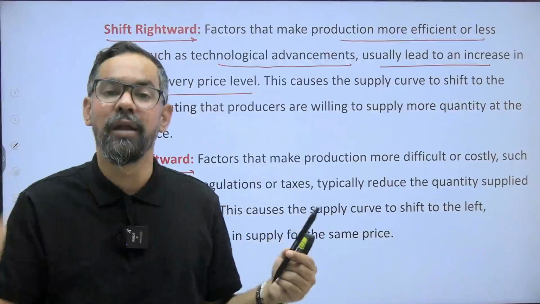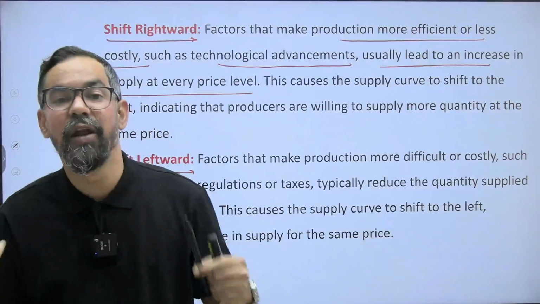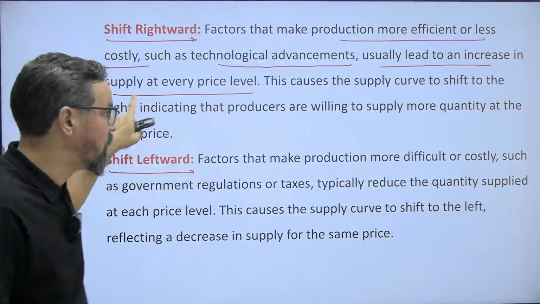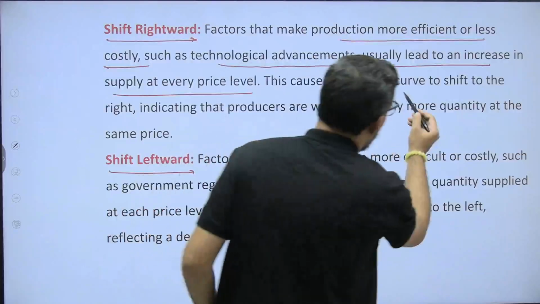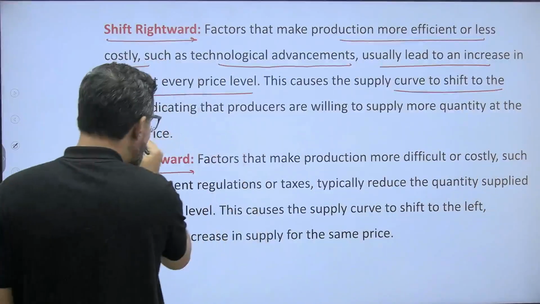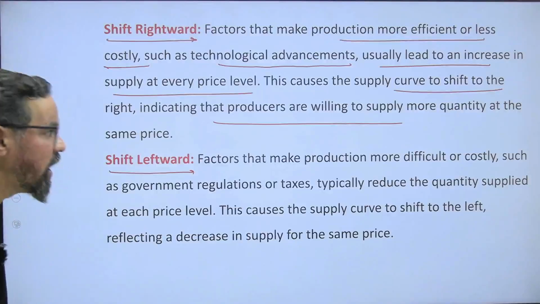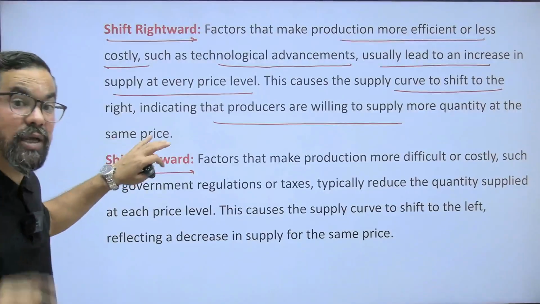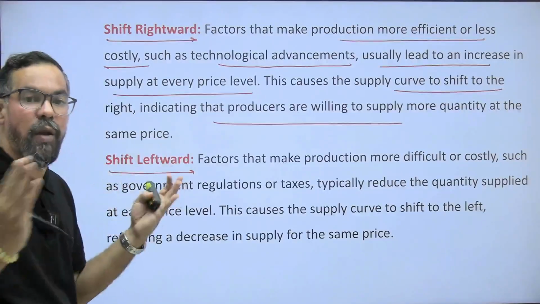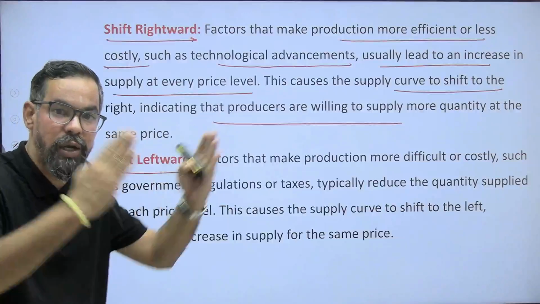So we would like to sell more, so we can generate more and more profit. This causes the supply curve to shift to the right, indicating producers are willing to supply more quantity at the same price of 120, because now our profit margin increased from 20 to 70.